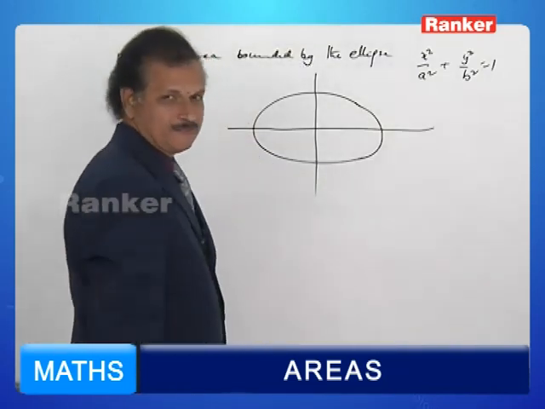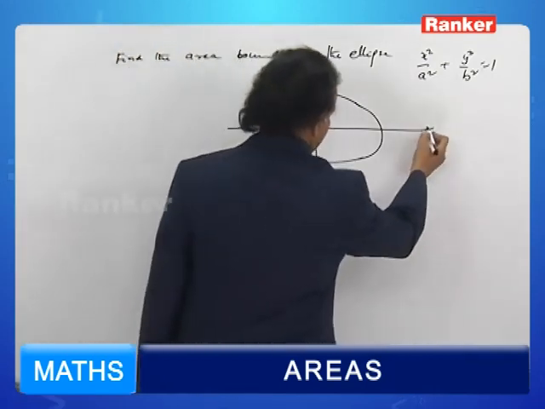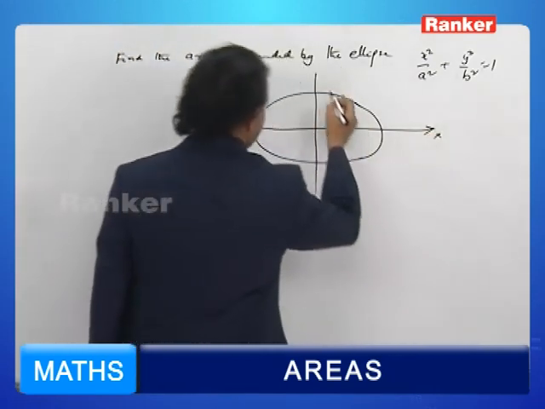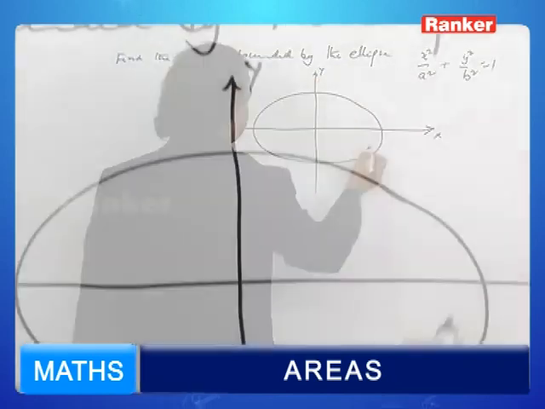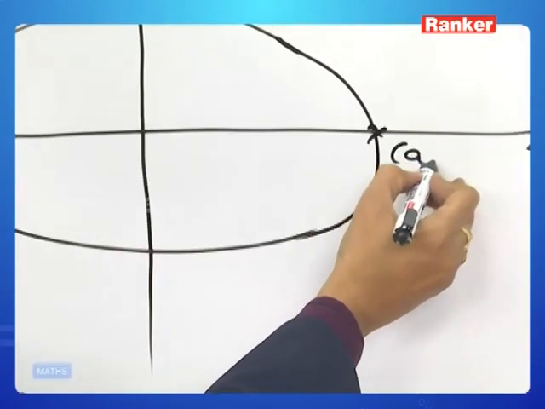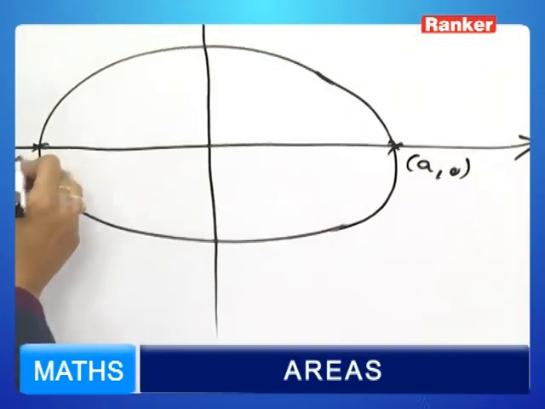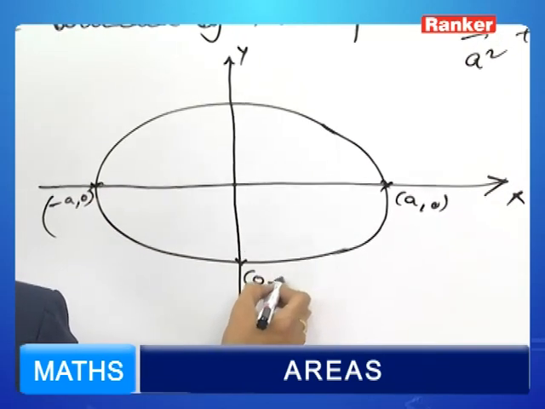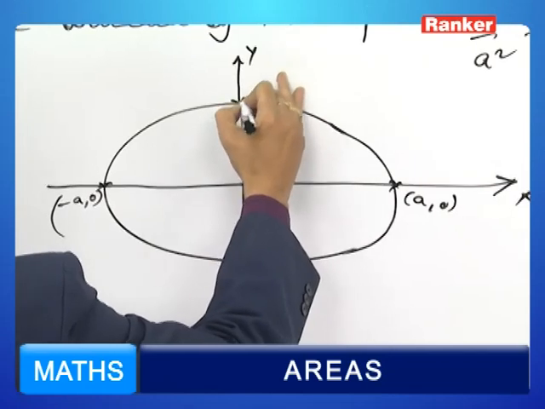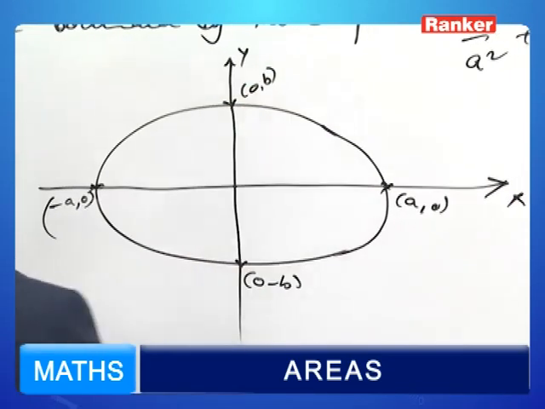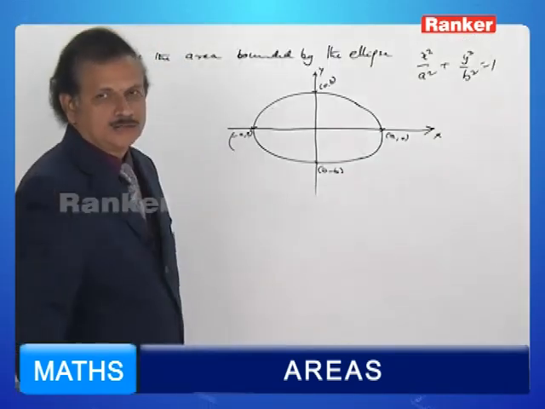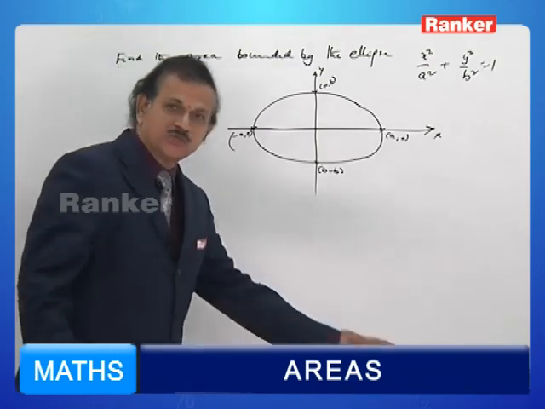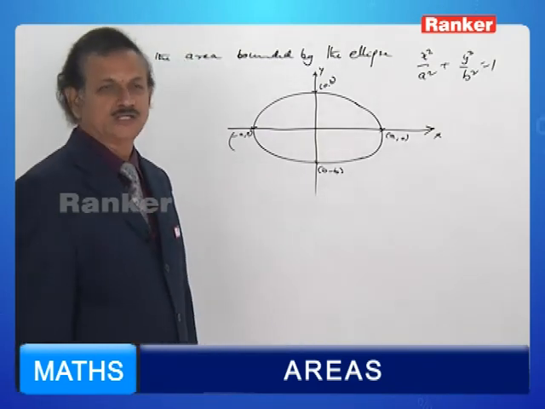We all know from the fundamentals of conic sections, this is x-axis, this is y-axis, this is a,0, this is minus a,0, this is 0,minus b, this is 0,b. What do you notice or what do you use from the knowledge of symmetry?